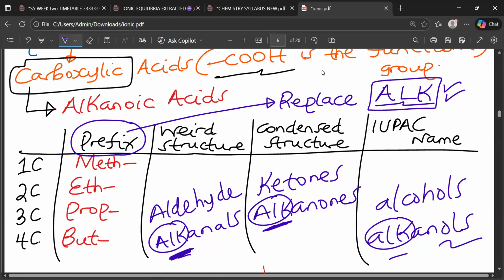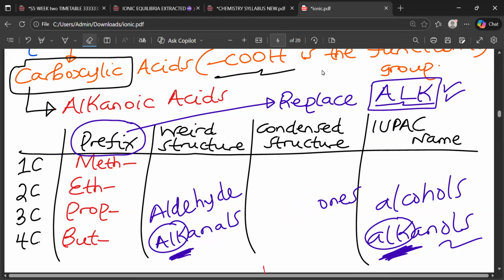That's why we always have things like ethanol, methanol, propan-1-ol or propan-2-ol. Because we know this alk is replaced by the prefixes, which correspond to the number of carbon atoms. If you feel like I've just confused you, visit those different classes. You will enjoy.